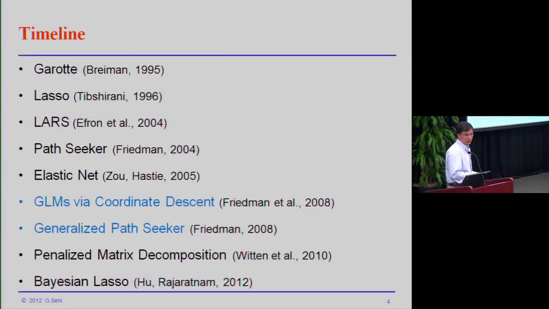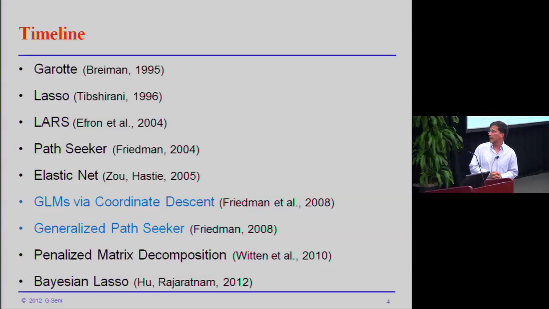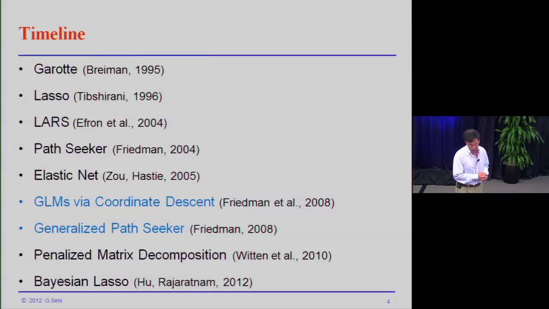So in terms of timeline, here are roughly 15 years' worth of R&D in this domain. The list is not meant to be exhaustive, but representative. Starting at the top, Breiman's garrote was probably one of the earliest attempts at controlling the variance in the estimates in an ordinary linear regression.